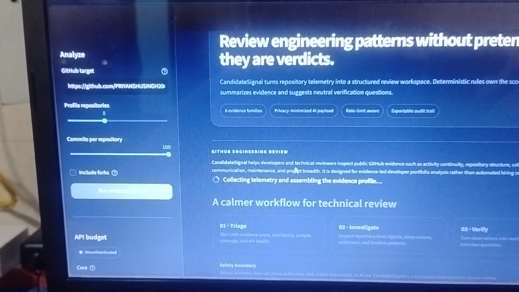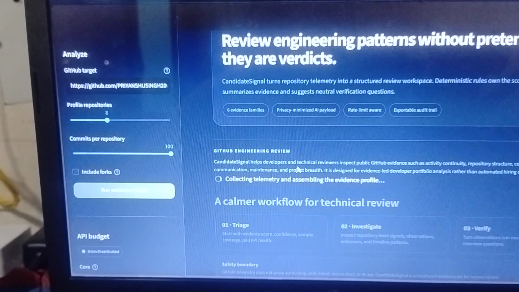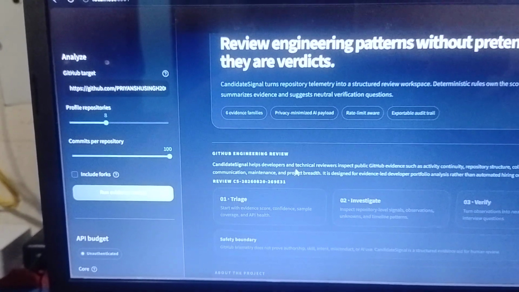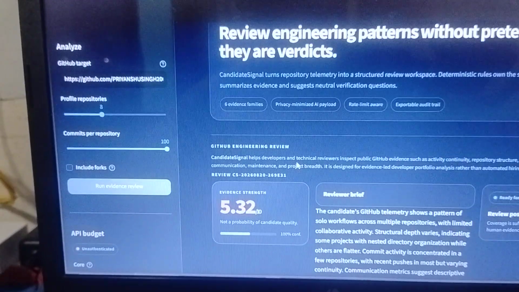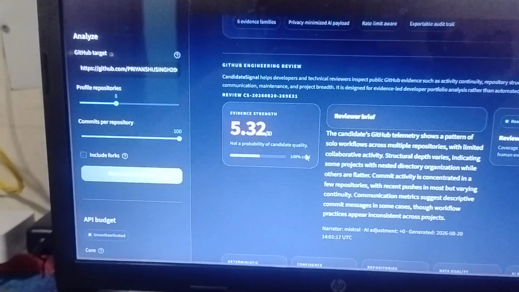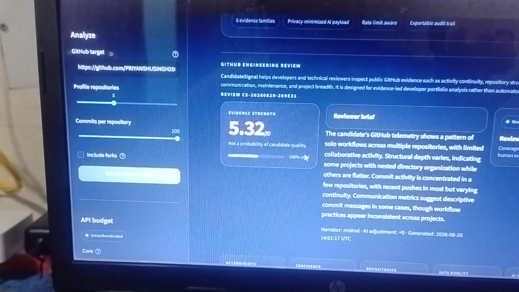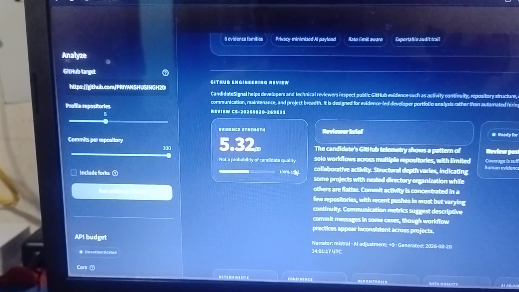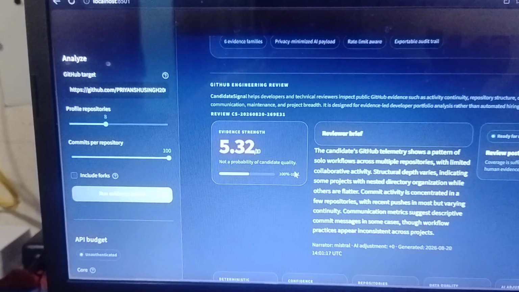They basically demonstrate activity continuity, repository structure, workflow, community, maintenance and breadth. Each repository gets transparent subscores to explain the observations.